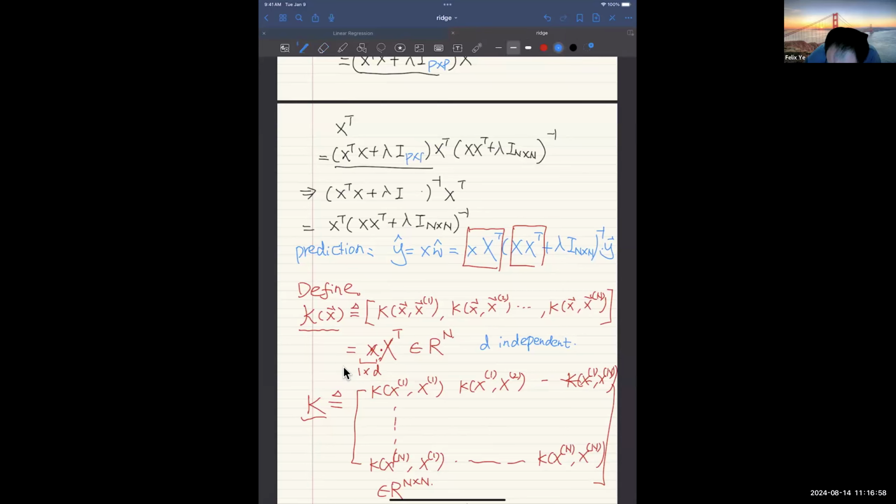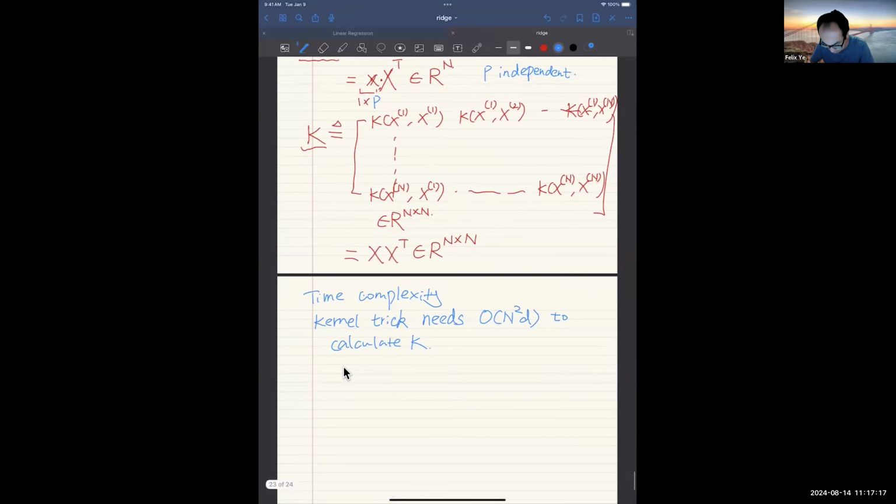So p times p, we can get around it without using d here, p here. That will be much more reasonable to work with.